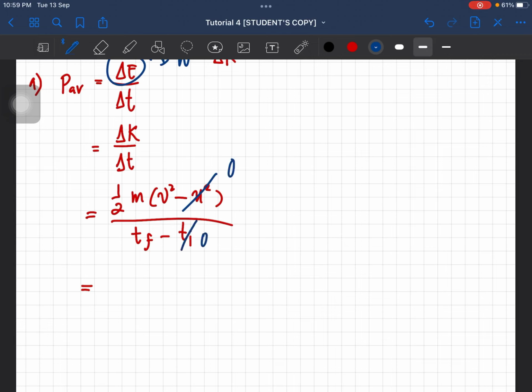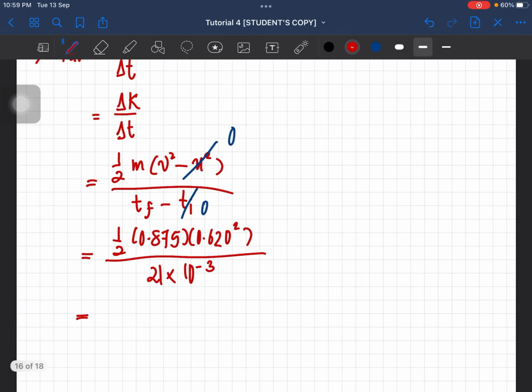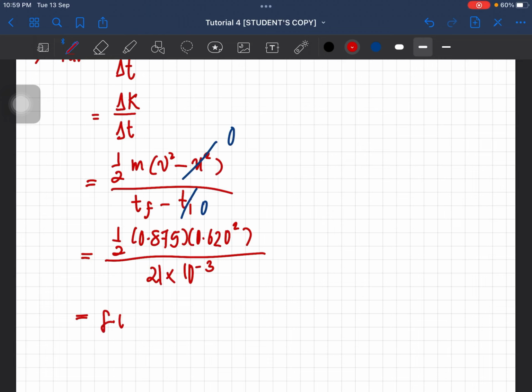So time pun should be equal to 0 lah untuk initial dia. Okay, so from here we can just substitute the values. This is square divided by the time, which is 21 milli kan dia bagi tadi. Okay, so the average power is then equal to 8.01 watt.